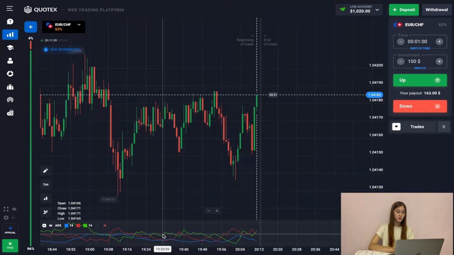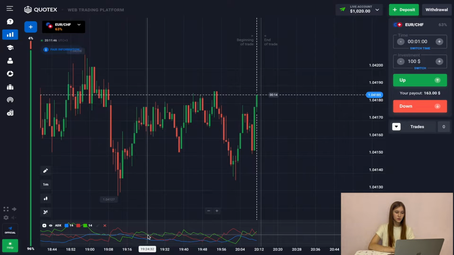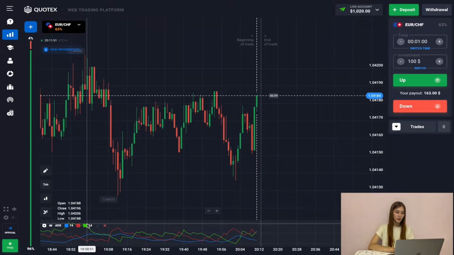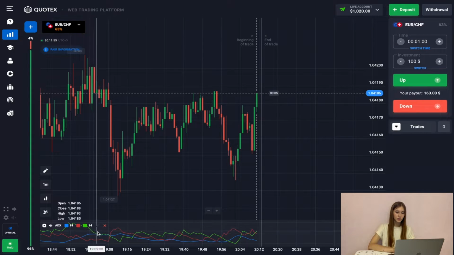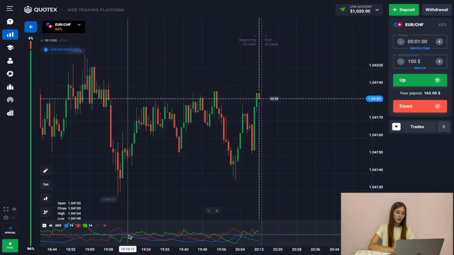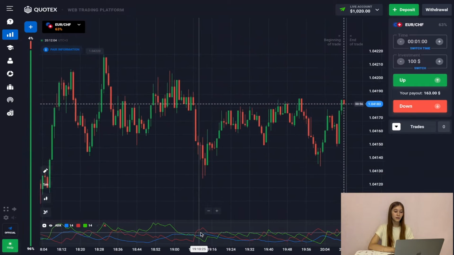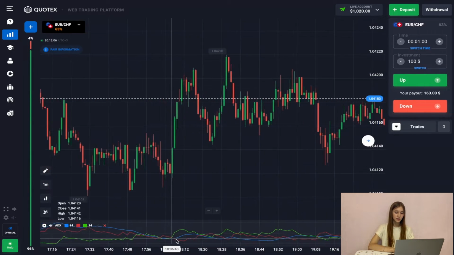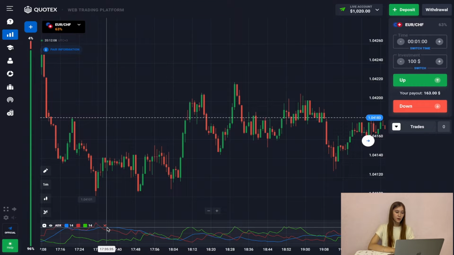We will now demonstrate this strategy and choose an expiration time of 1 minute, and let's use a suitable strategy for a currency pair that is suitable for us. It should also be said that if the ADX crosses the plus and minus DI, that is, it's above these lines, this tells us about the beginning of an uptrend.